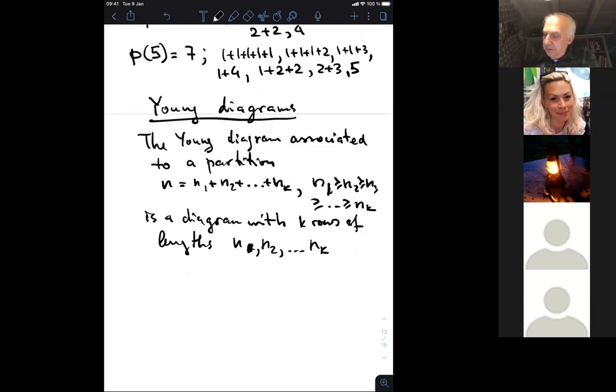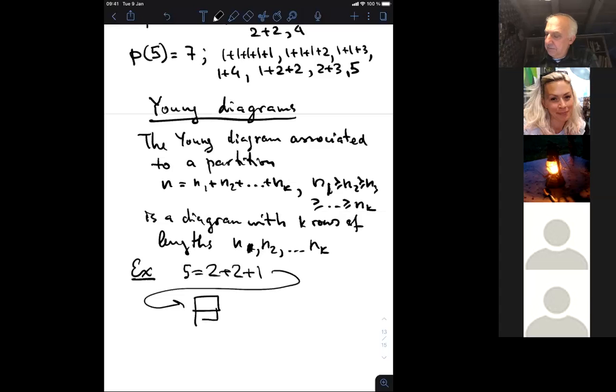So what about 5 equals 2 plus 2 plus 1? Its Young diagram would be, so we have 3 rows, 2, 2, and a 1, like this.